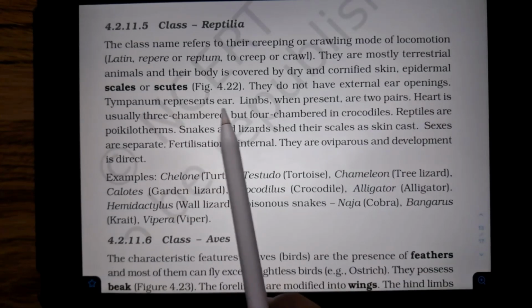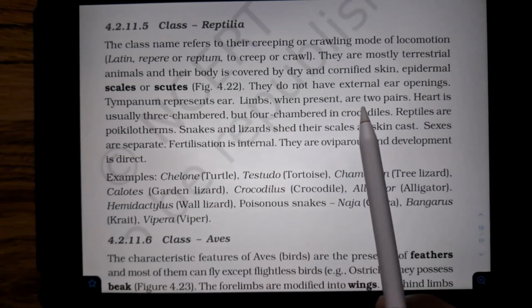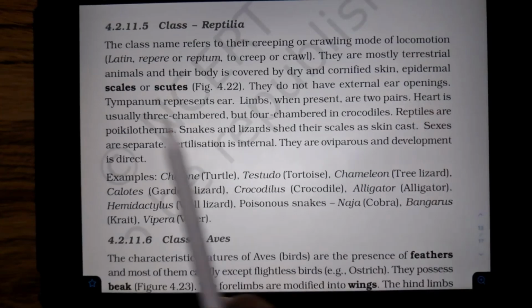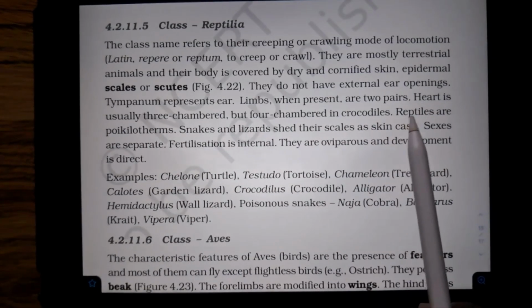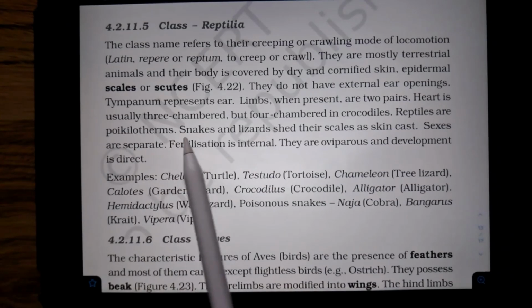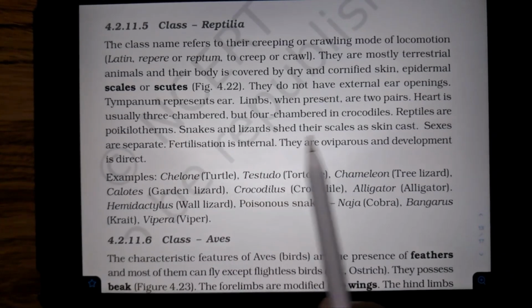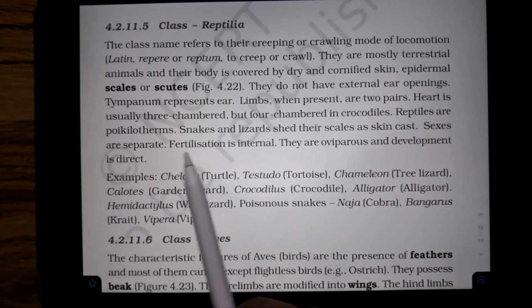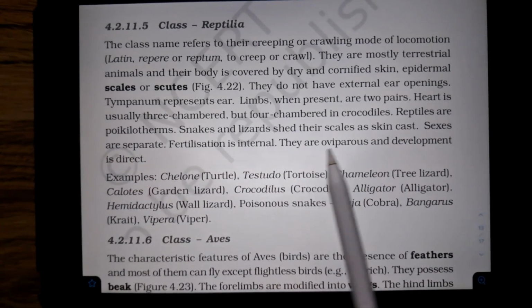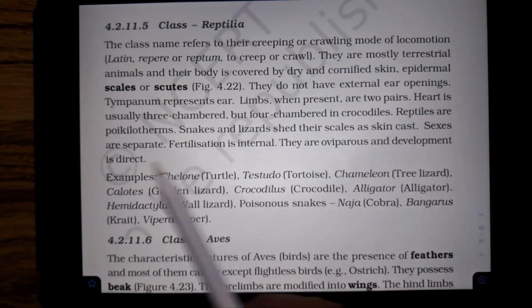Tympanum represents ear. Limbs, when present, are two pairs. Heart is usually three-chambered, but four-chambered in crocodile. Reptiles are poikilotherms. Snakes and lizards shed their scales, which is a skin cast. Sexes are separate. Fertilization is internal. They are oviparous and development is direct.